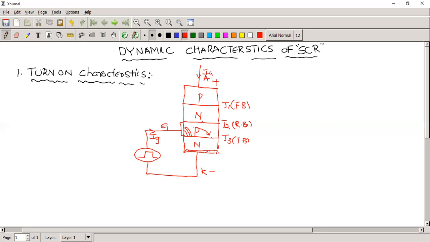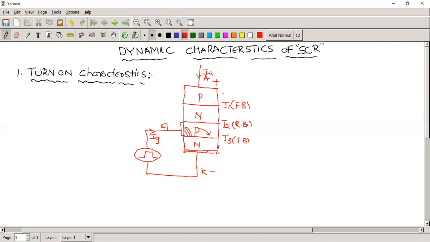So whenever we apply the gate voltage, it is injecting a current into the inner P region so that the junction J2 vanishes. Nothing but a breakdown will occur. Due to that, the device allows a current from anode to cathode. But this anode current will slowly change from the leakage current to the steady state value.